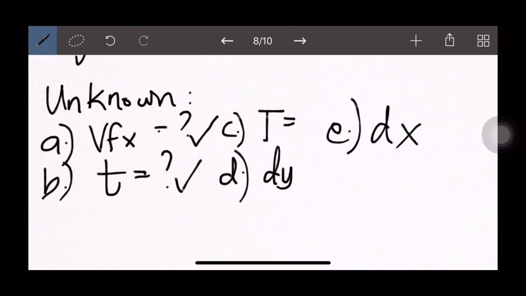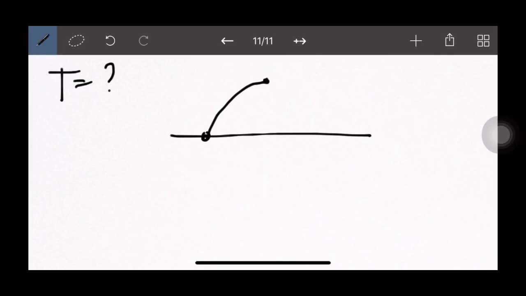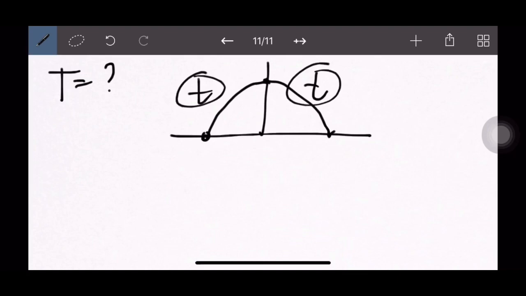Now let's solve for the total time of the flight. So the capital T. So from the ground, as it reaches the maximum height, and from the maximum height as it reaches the ground, it simply is the summation of 2 times the time at maximum height. They are going to be equal. The time from the ground to the maximum height and the time from the maximum height to the ground are equal with each other.